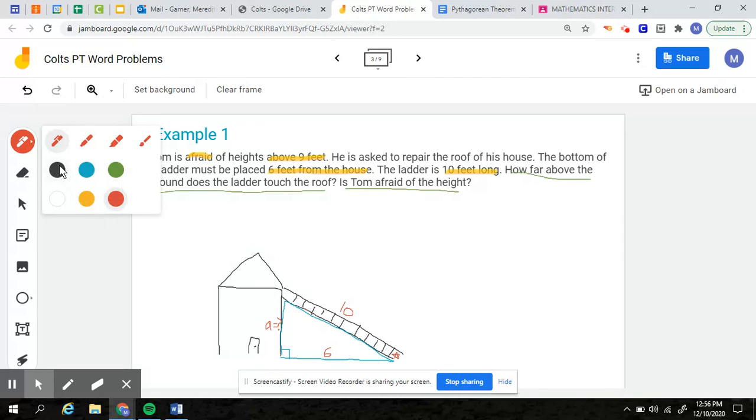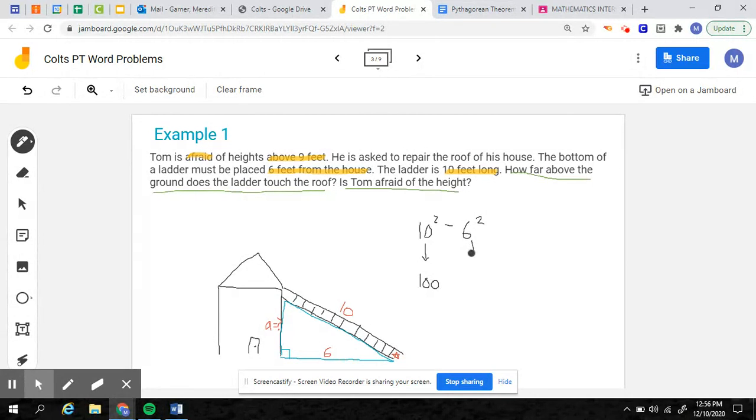So when I solve this problem out, from here on out, this is stuff you should know from past weeks. We're going to do the hypotenuse squared minus the legs squared. So 10 squared minus 6 squared. 10 squared, remember, is just 10 times 10. So this is 100. 6 squared is 6 times 6, which is 36.